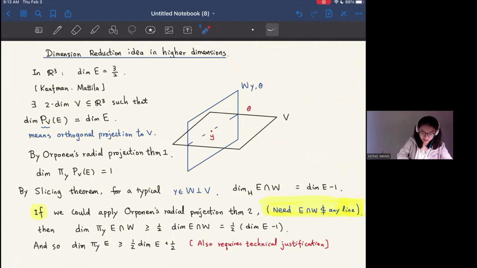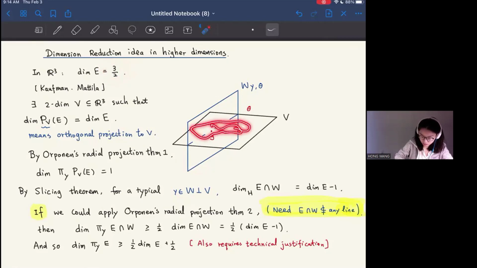So here is the idea in R^3. If E is a set of Hausdorff dimension 3/2, then by some classical projection theorem, which we found in a book of Kaufman and Mattila, there exists a 2-dimensional subspace V such that if we project E to V, it has the same dimension, because E has dimension smaller than 2.